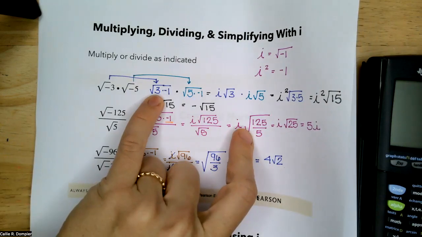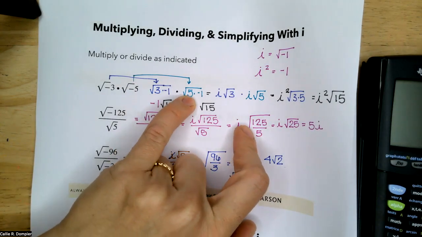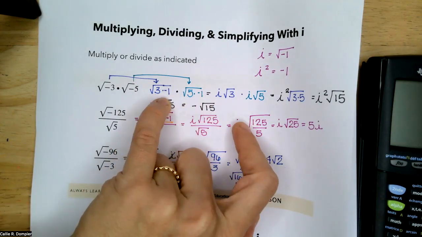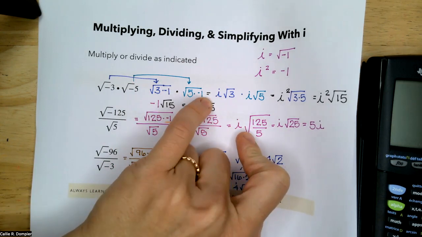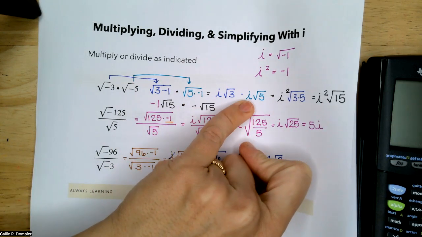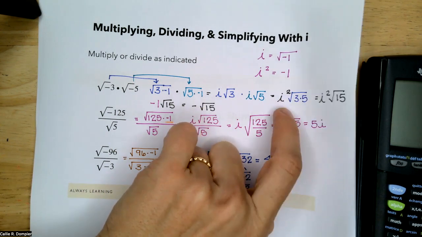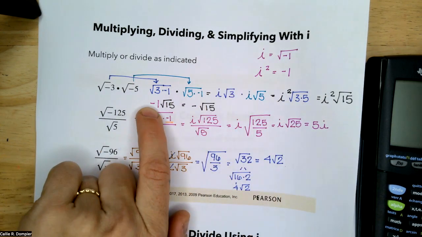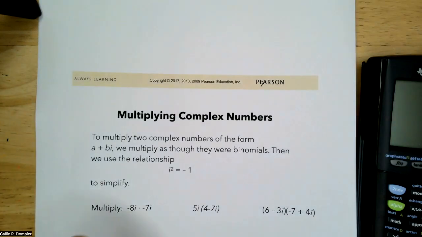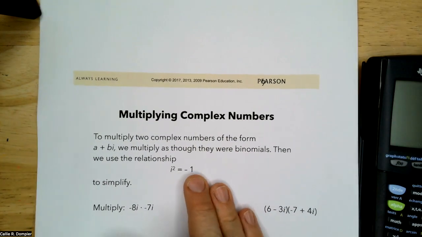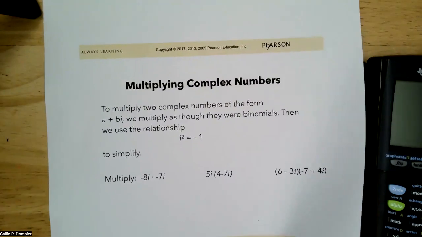Here we did 3 times -1 times 5 times -1. That -1 under the radical became an i. That -1 under the radical also became an i. So when we multiplied i times i, we got i squared, and we changed i squared to -1. So we're multiplying complex numbers, but we're not leaving any i squareds. We're converting them to -1.